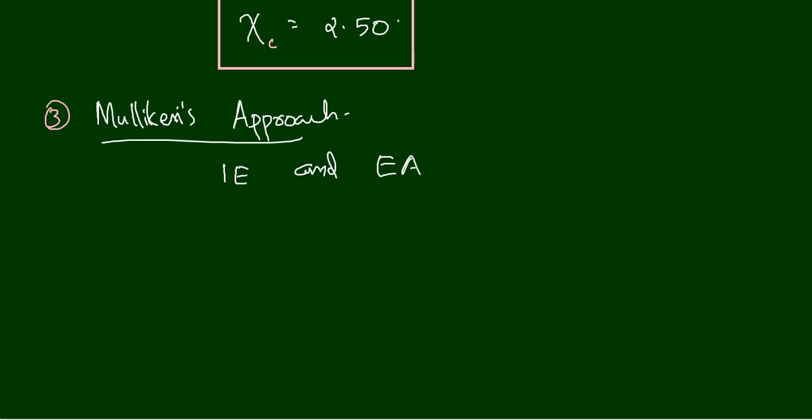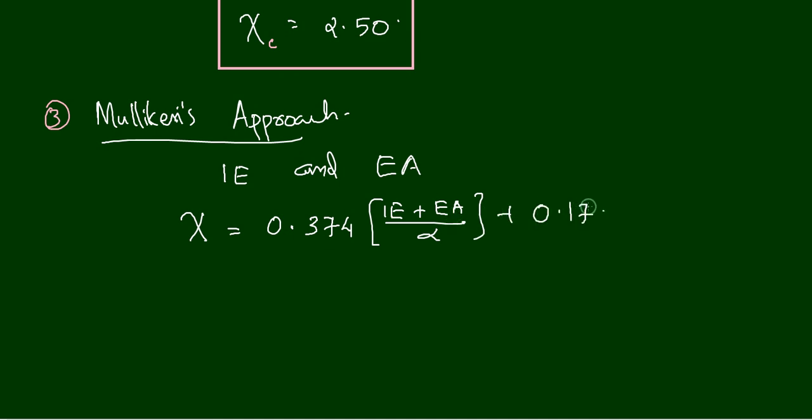So in this approach, we have an empirical relation again, that is electronegativity chi is equal to 0.374 into the average of the ionization energy and electron affinity, that is (IE plus EA) divided by 2, plus 0.17.